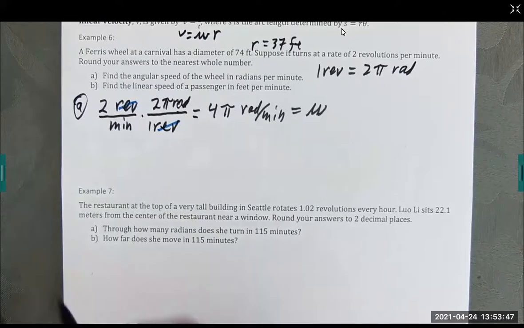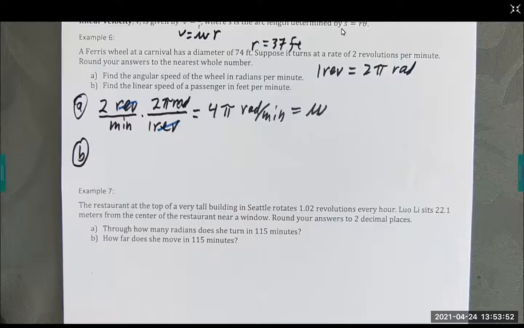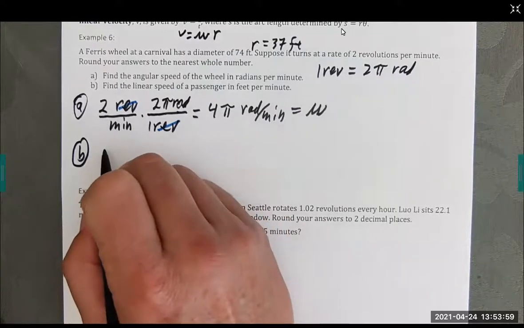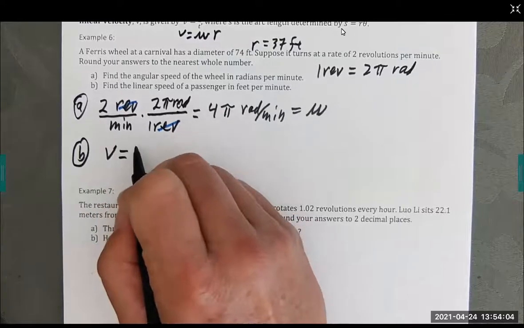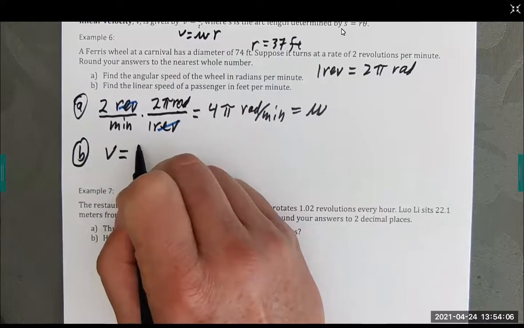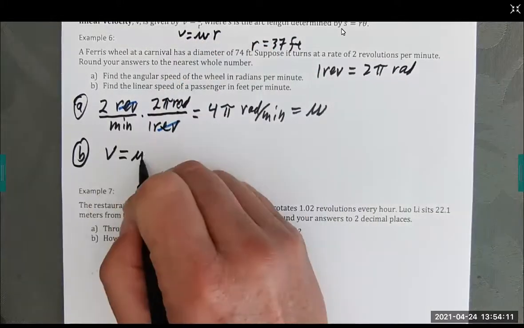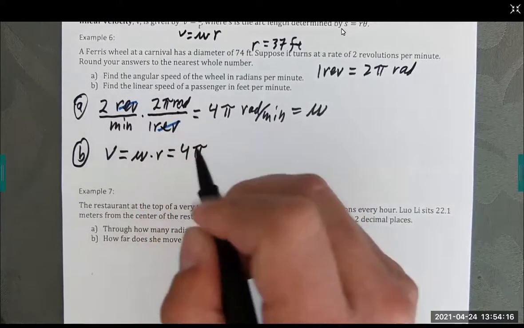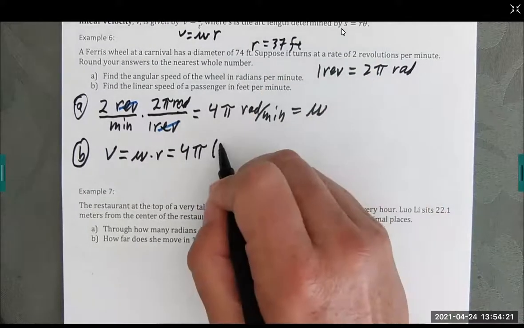All right, part B. We are just going to multiply our omega times R. So our linear velocity is, I wrote the extra form, there it is. Velocity, another way of writing it is omega times R. So I'm going to take the 4 pi, which is our omega, times R, which we figured out was 37 feet.